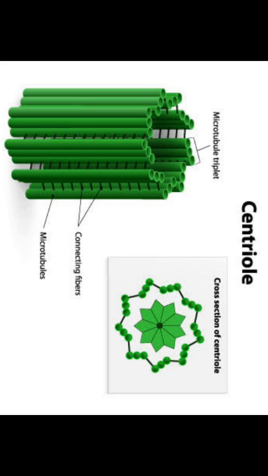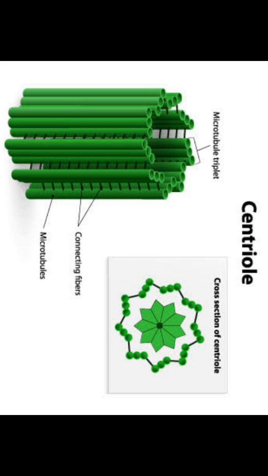Equal space can be seen from one triplet to another. These triplets are located on the peripheral side, the border of the centriole, and are made up of a protein called tubulin. This is very important for NEET examination.